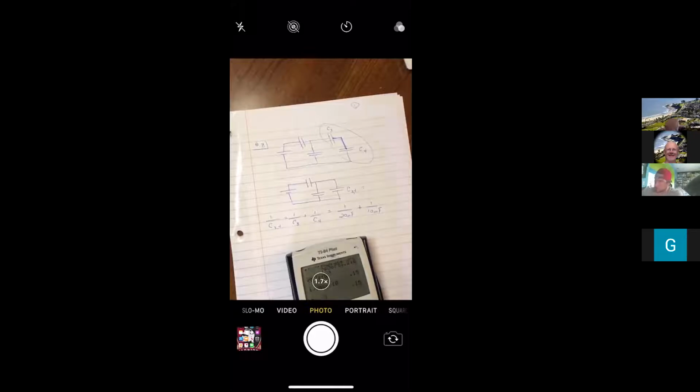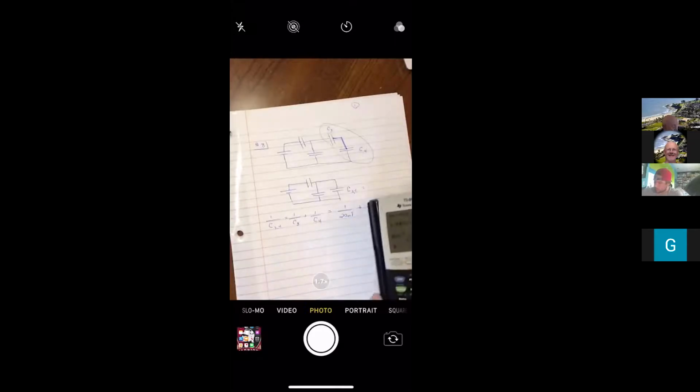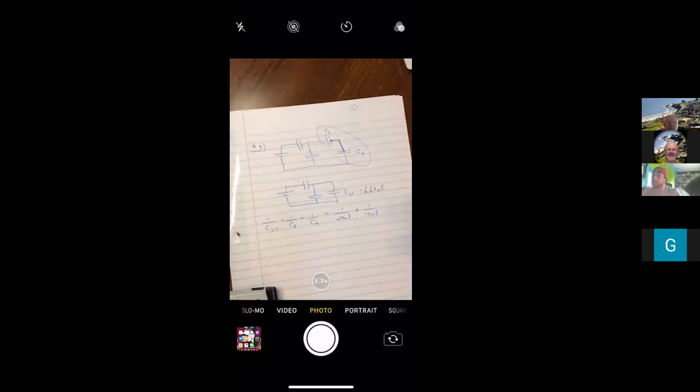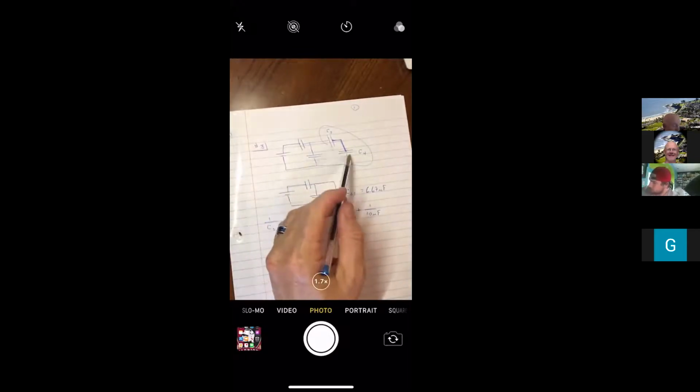And so to get the reciprocal of that, so you can get it back to the equivalent, you can just hit the reciprocal key. And so that's where this 6.67 microfarads comes into play here. All right. So that would kind of be my first step, and say, okay, what is the equivalent capacitance of 3 and 4?